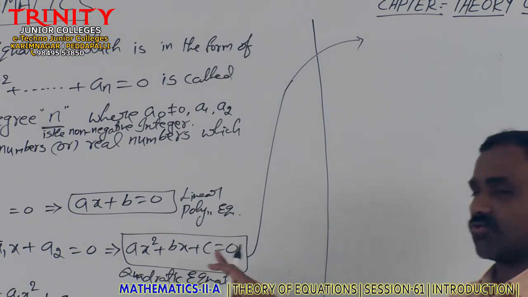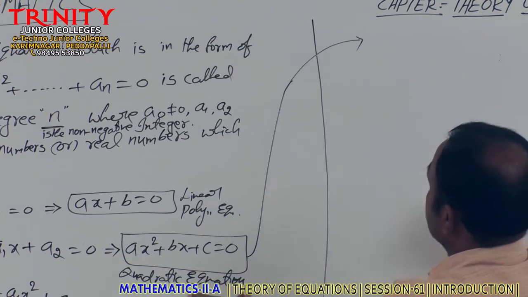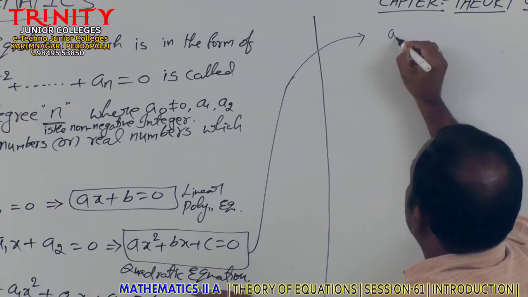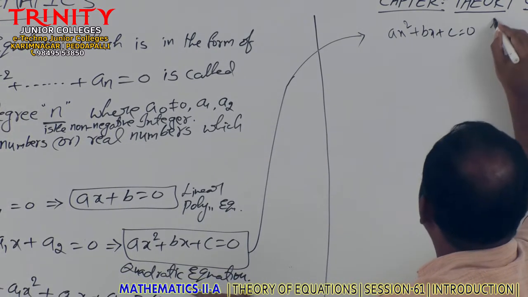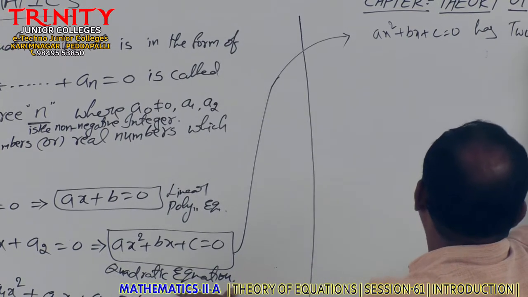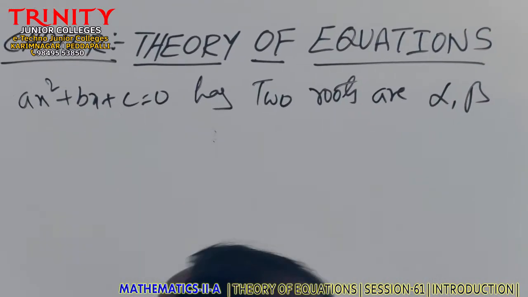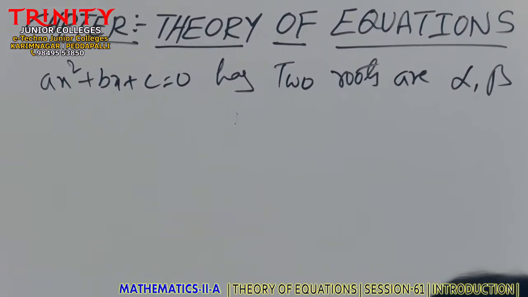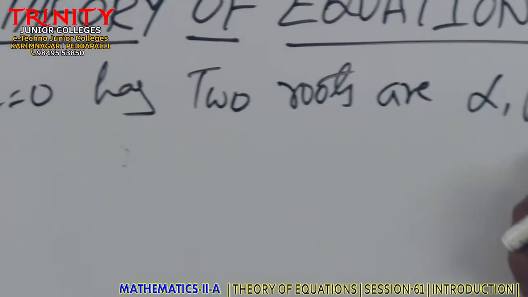Every quadratic equation has 2 roots. If it is a second degree polynomial equation, ax square plus bx plus c equal to 0 has 2 roots, alpha comma beta.